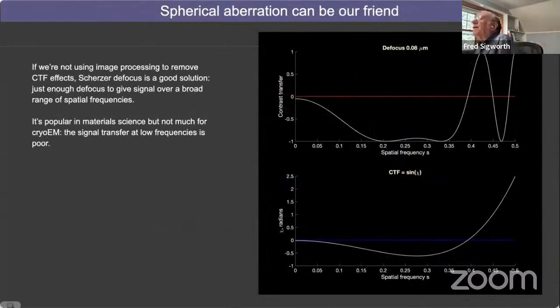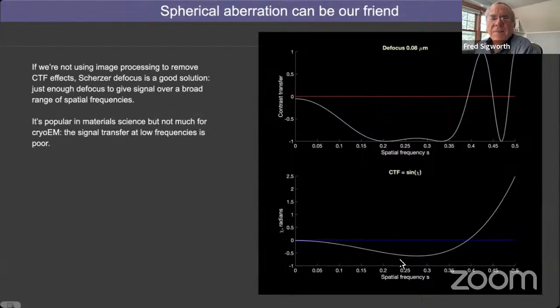Now, the people who do material science, at least in the old days, they didn't like to do computer processing of their images. What they would do is they would defocus the microscope just a little bit, just enough so that you had a nice spatial frequency range where the contrast was uniformly negative, it turns out.